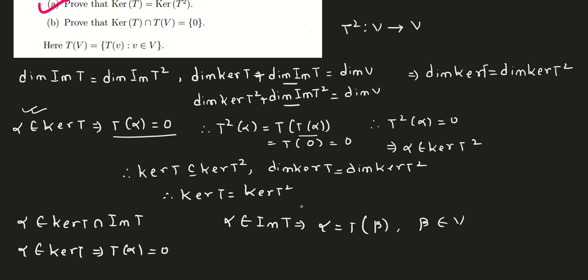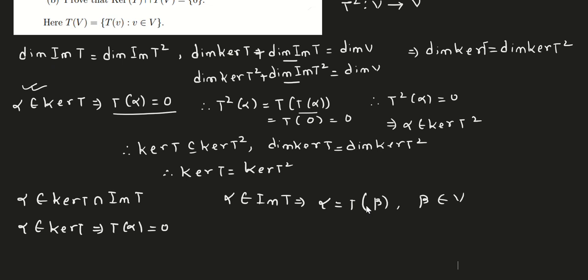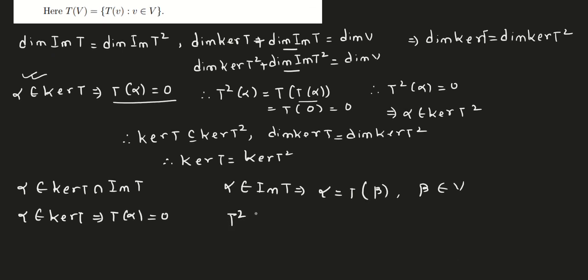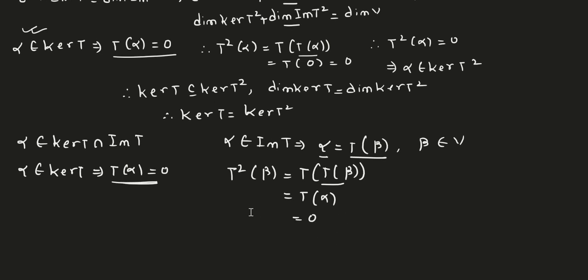Now let us take the value of T squared beta. T squared beta is nothing but T of T beta. So that is equal to T of alpha, as I am writing alpha in place of T beta. Now what is the value of T alpha? T alpha is the zero vector. From this I can say T squared beta is equal to 0. Now T squared beta equal to 0 implies beta belongs to kernel of T squared.